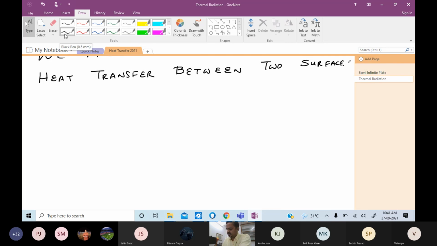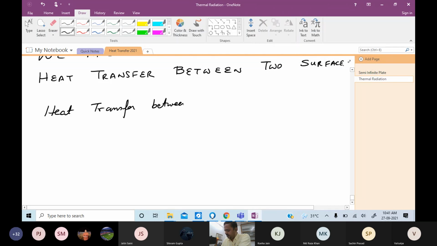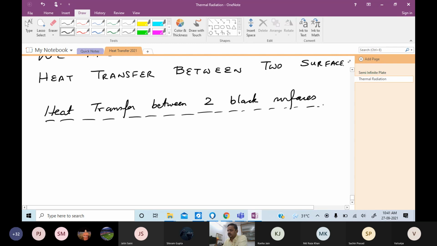So let us start with heat transfer between two black surfaces. We'll first do black surfaces and then go to gray surfaces.